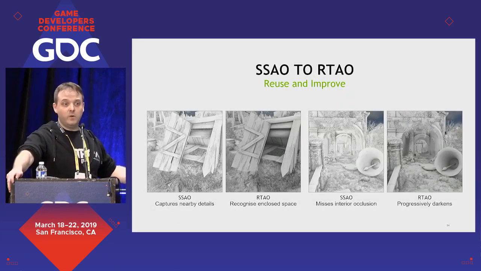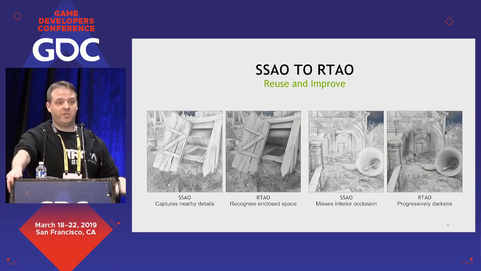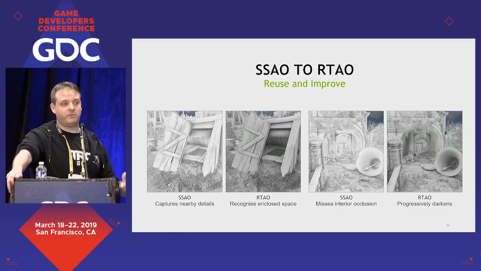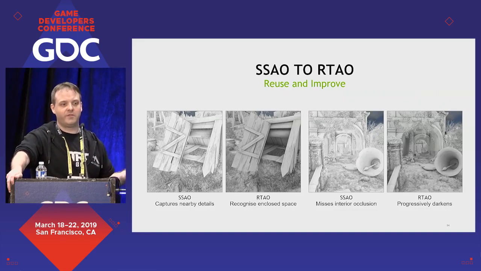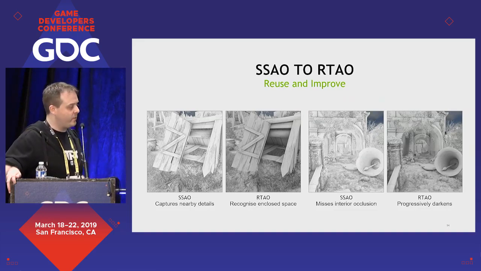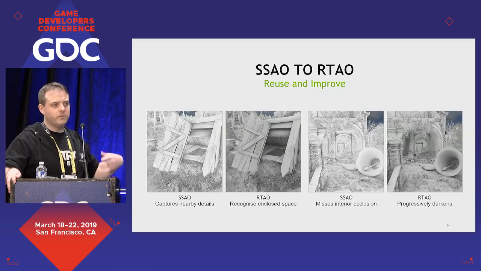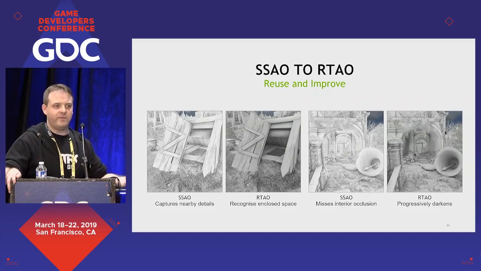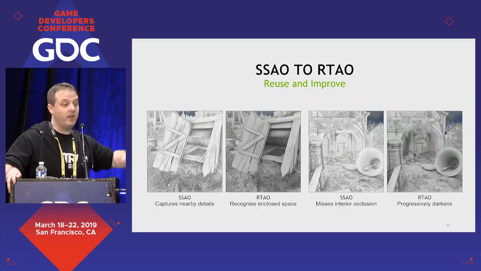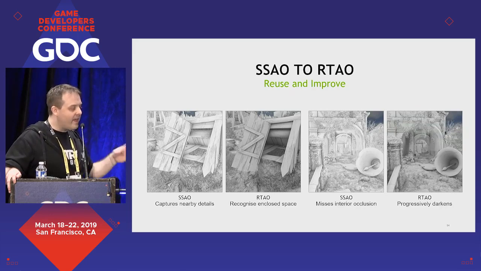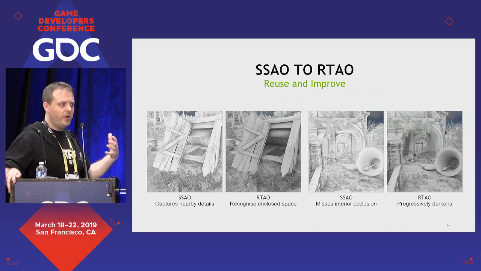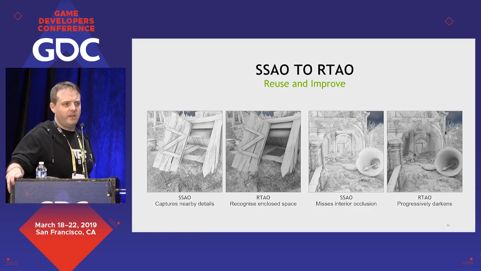Now, the purpose of AO, of course, is to say, what's the local environment like? How much general occlusion is there? What other surfaces might be prohibiting light from reaching a pixel? And so how much must we darken it? Screen space has a wealth of information about nearby pixels, saying there may be a lot or there may not be many other pixels around. So we get an estimate of the local geometry, but the information falls off as you go to medium or long range.